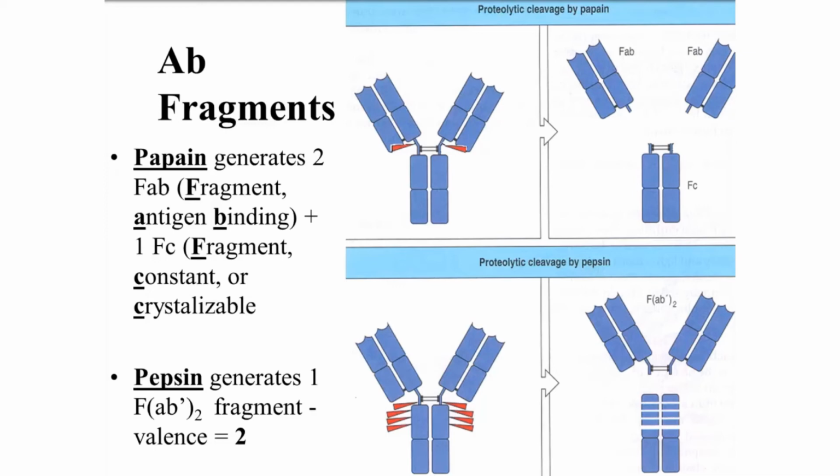It leaves behind one big fragment called F(ab')2. That stands for fragment antigen binding, and there are 2 binding sites on the fragment. It still has a valence of 2, like antibody, because this is all one structure. The disulfides hold it together, and it's still got 2 binding sites on the fragment.